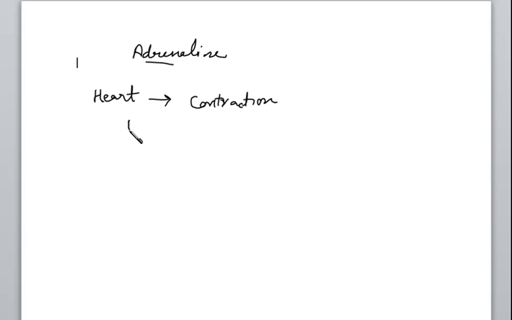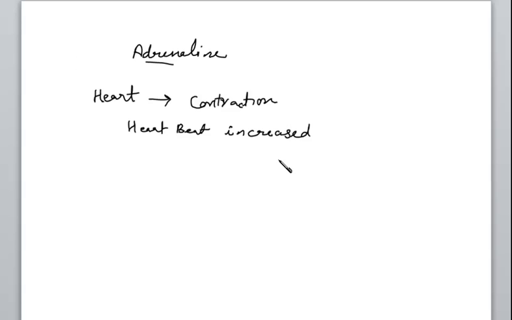Due to this, what will happen? The heartbeat will increase. You must have experienced this increase in the heartbeat during excited or hyper conditions, right? As this heartbeat increases, what will happen? The heart rate and the blood flow are going to increase, right?